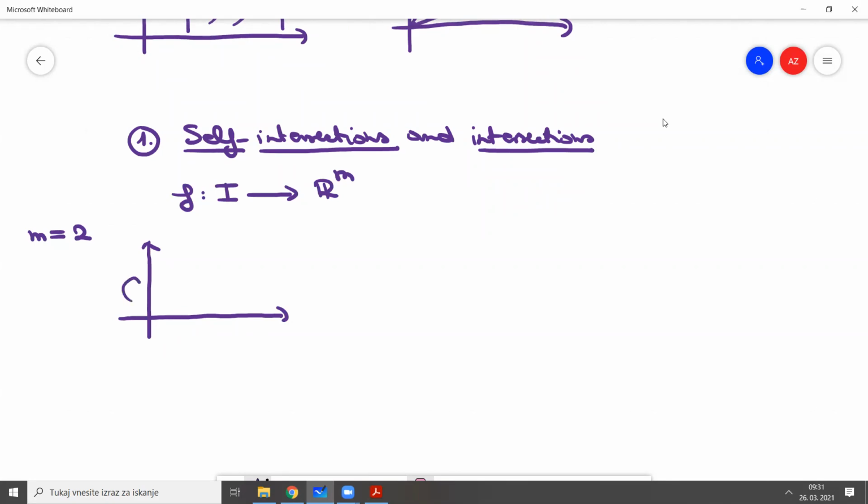This f traces some path, and then it intersects itself. And what we want to compute is this self-intersection. So this point P is called the self-intersection.